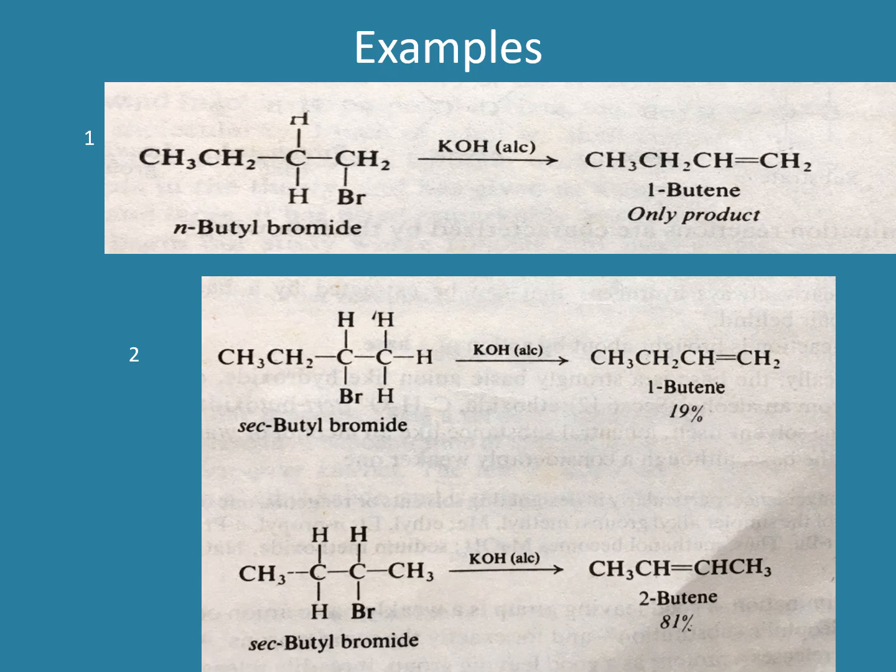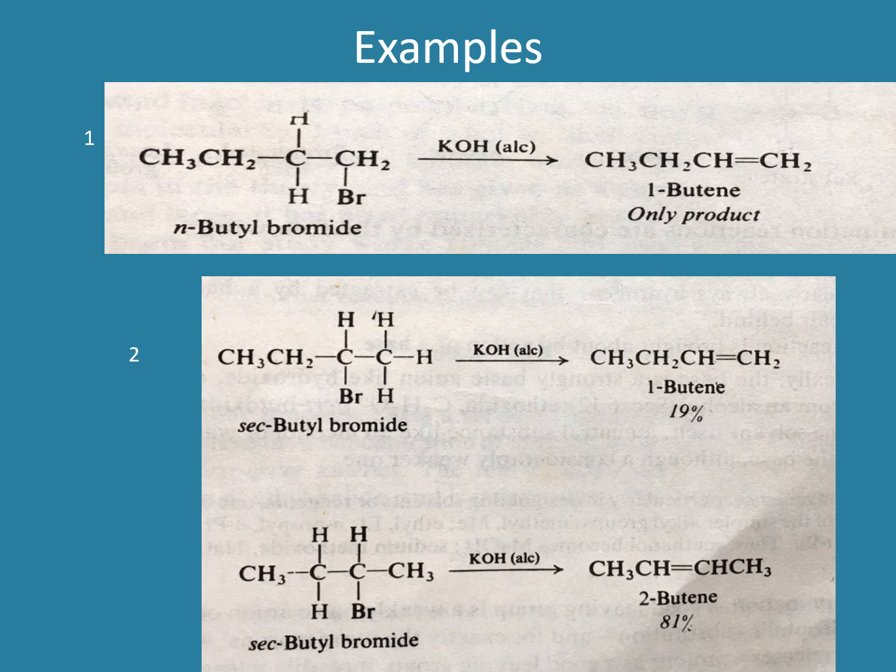The first one is n-butyl bromide. As we have discussed, the carbon atom which is attached to the bromine atom, the halogen atom, will be denoted as the alpha carbon atom. The carbon atom attached to this alpha carbon atom is known as the beta carbon atom, and hydrogen will be lost from this beta carbon atom. Then only the double bond will be formed.